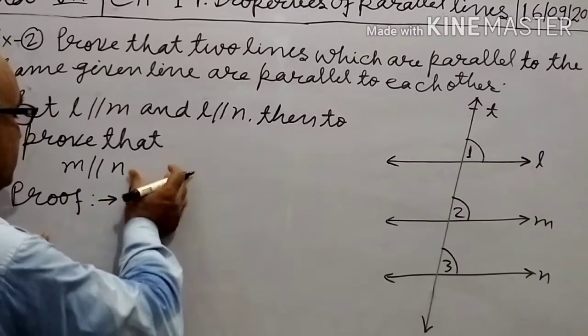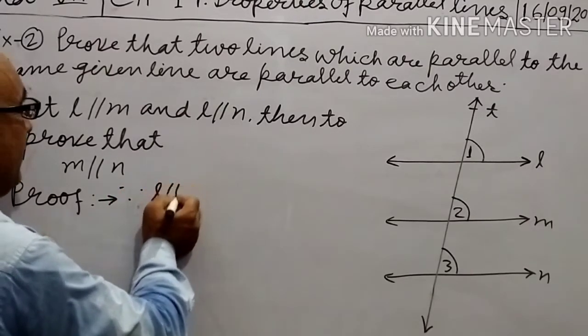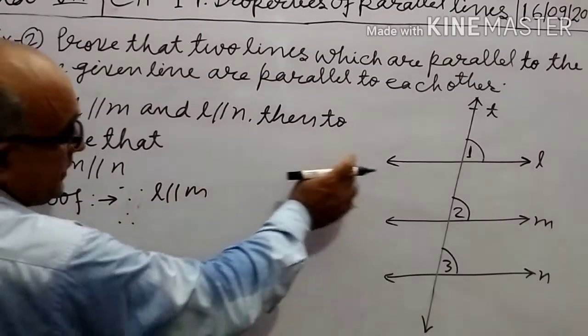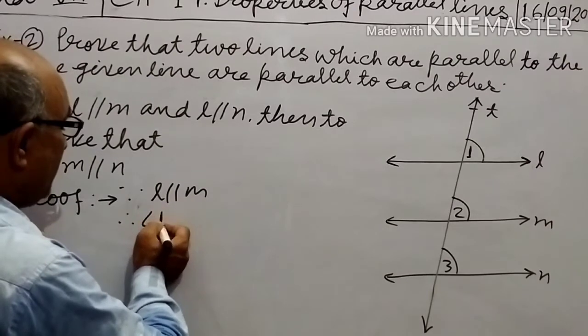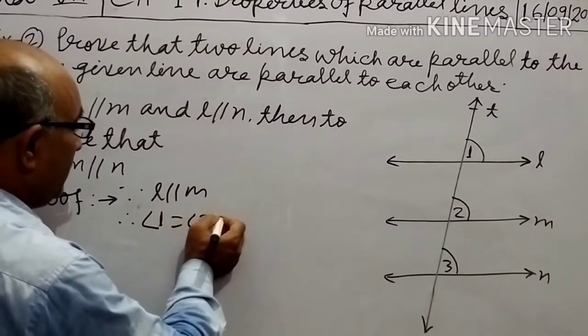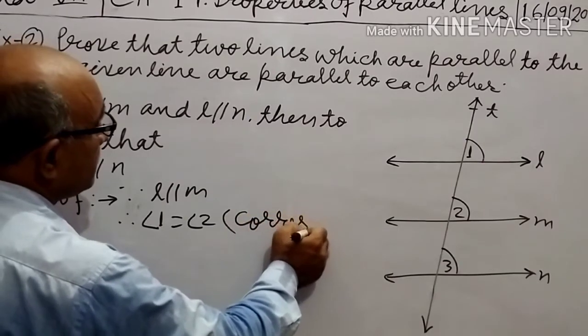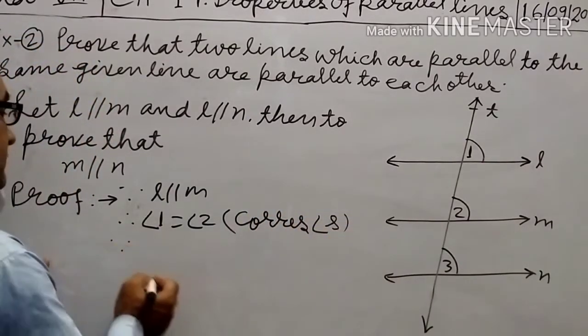First, since L parallel M, therefore angle 1 equal to angle 2, pair of corresponding angles.